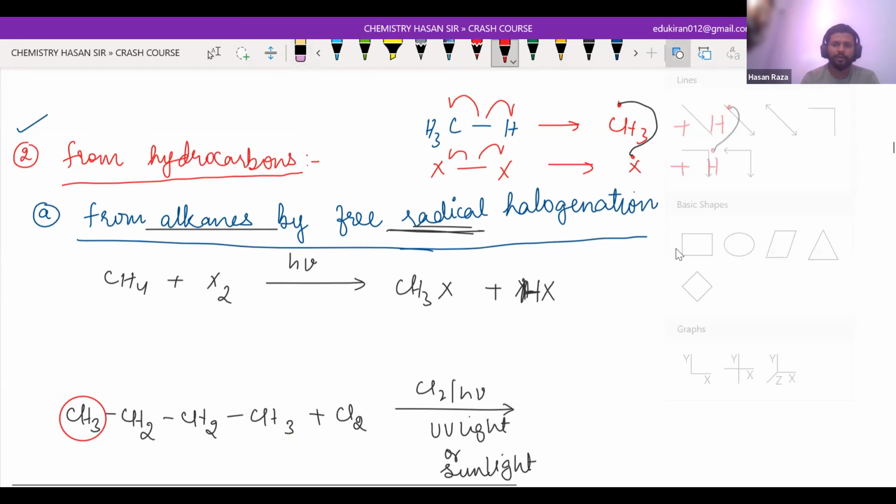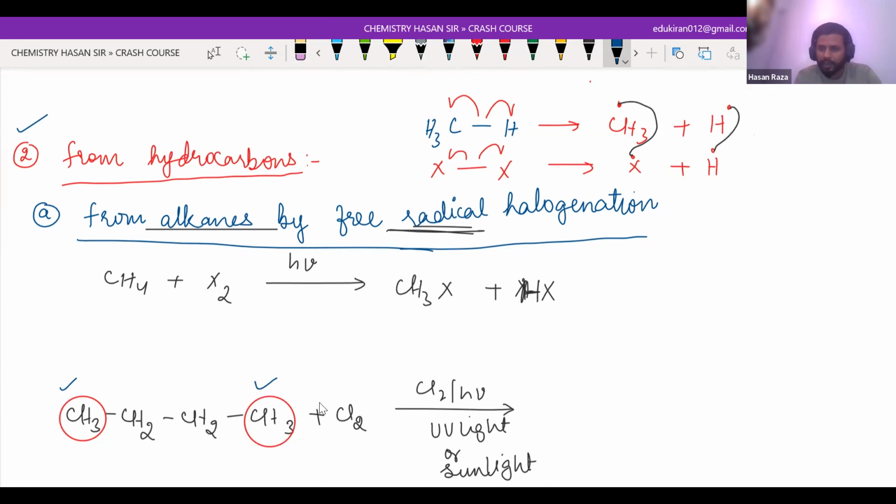What I want to tell you is that this carbon and this carbon will be the same, and this carbon and this carbon will be the same.